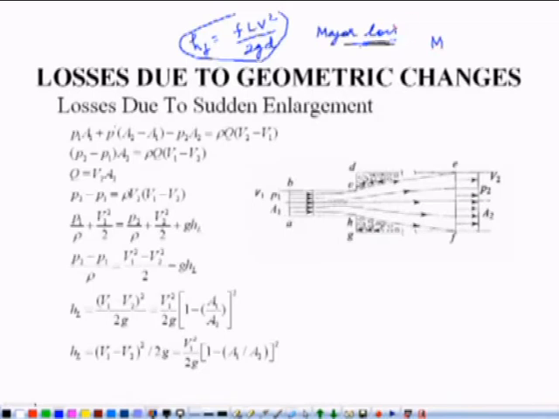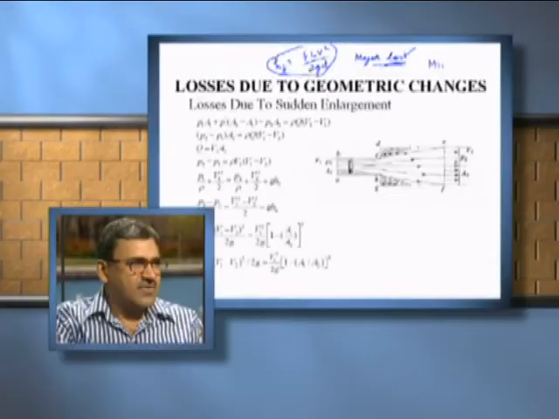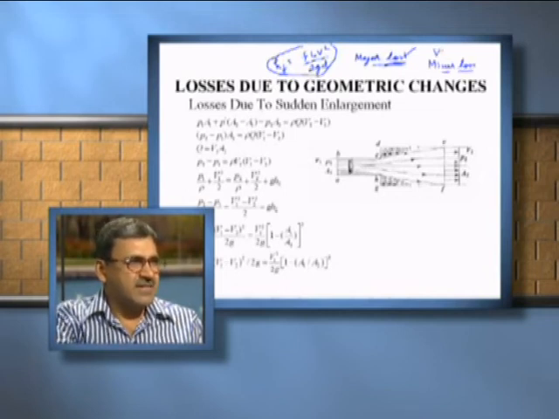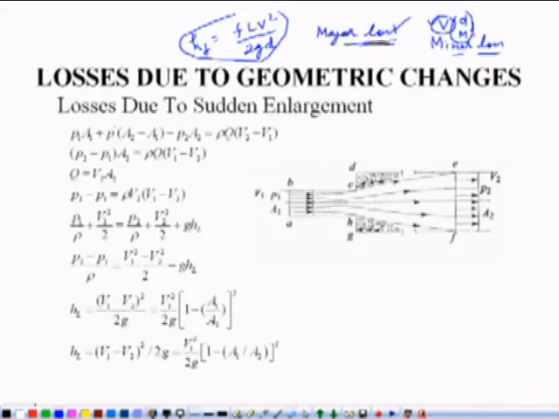Losses other than the major loss are known as minor loss. Since velocity is a vector quantity, wherever its direction or magnitude changes, there will be some loss.